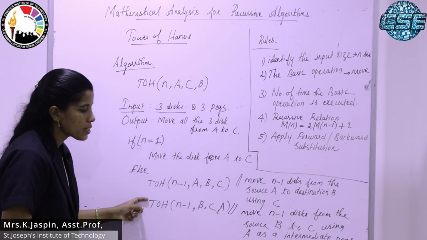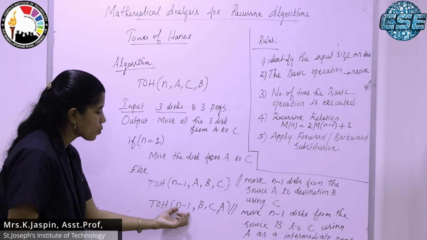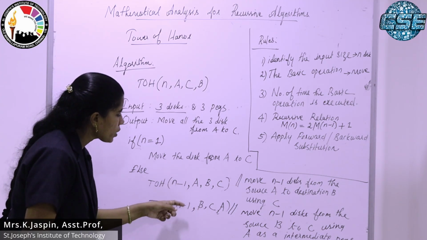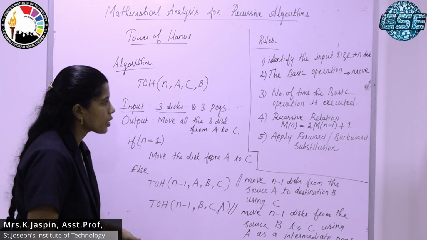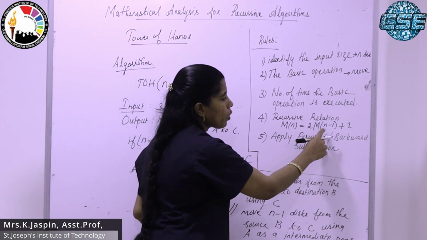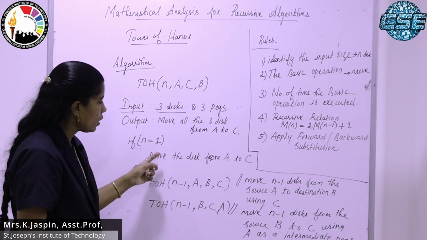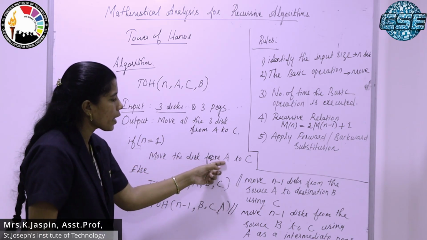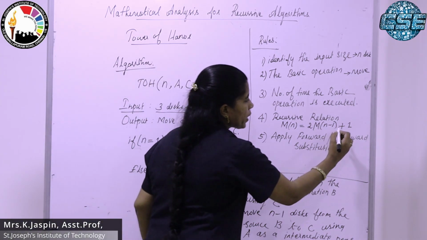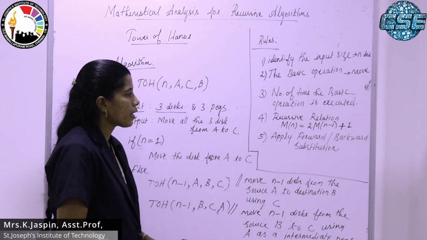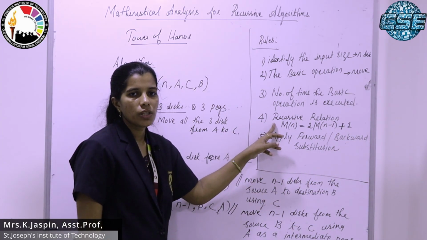After this process, again I need to execute n minus 1 disk movements from B to C. So 2 times n minus 1. That's why 2 M of n minus 1. If the n value is 1, we have to move the disk from A to C. So that's why I have given plus 1. This way, we can write the recursive relation for this problem.